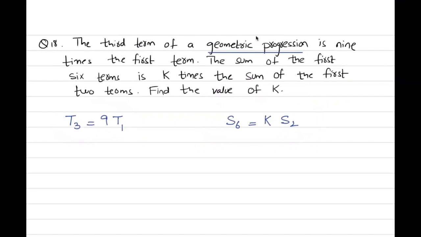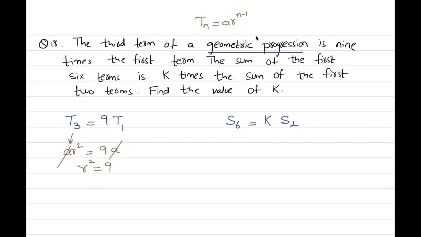In a geometric progression, guys, what is the third term equal to? Remember the a r term formula? It was a r to the power of n minus 1. So the third term is going to be equal to a r squared. And the first term is equal to a, so 9a. So a and a are going to be cancelled out. r squared is going to be 9. Now I'll just let r squared be equal to 9 over here.